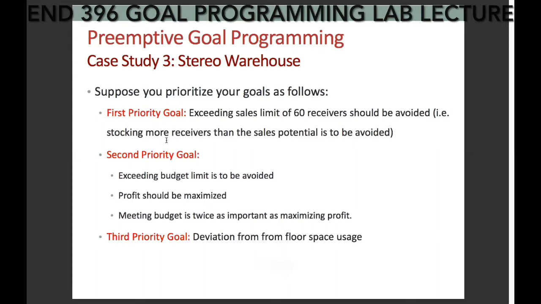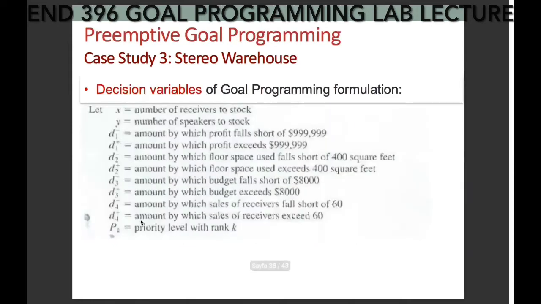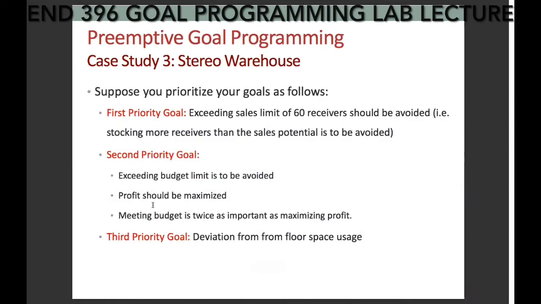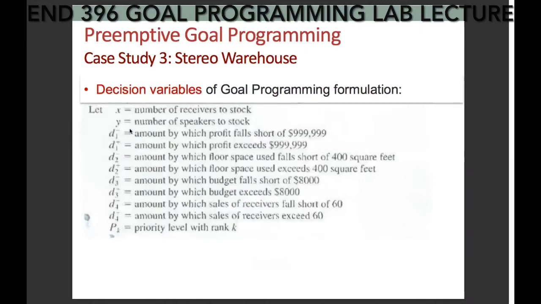These are the prioritized goals that are given to us by the decision maker. Here, as we stated before, the first and third goals are more straightforward compared to the second priority goal. For each expression in these goals, we have defined two deviation variables. For instance, D1 plus and D1 minus are defined for the profit goal.